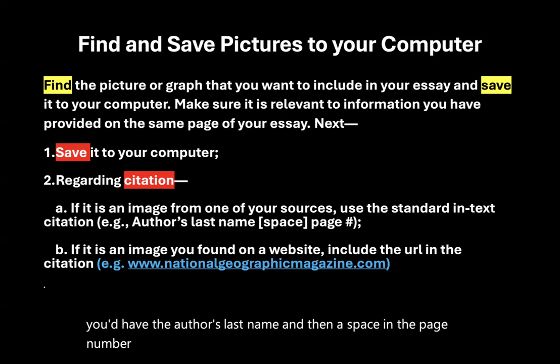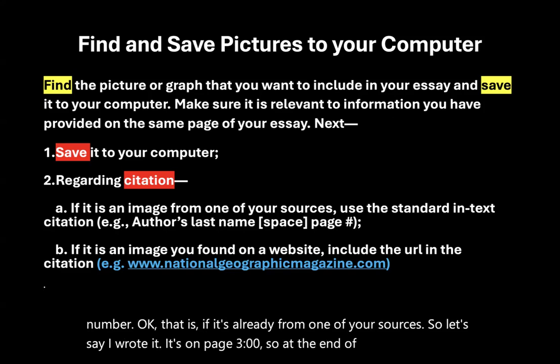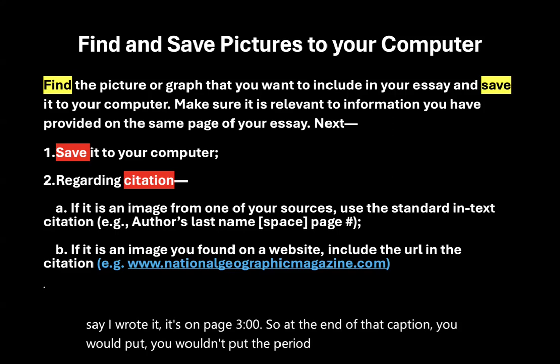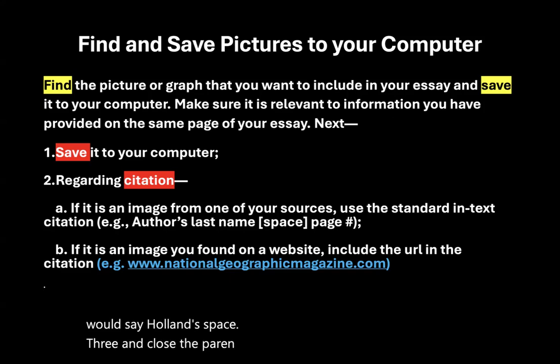That is if it's already from one of your sources. So let's say I wrote it, it's on page 3. So at the end of that caption, you wouldn't put the period until afterward, but you would say Holland space 3 and close the parentheses.